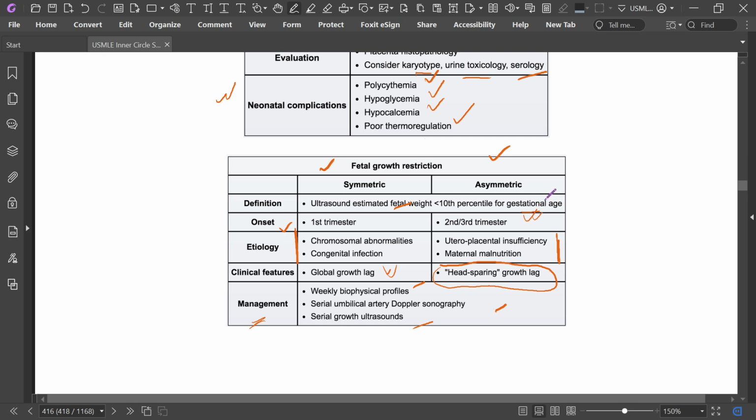If it is congenital infection or chromosomal abnormality, it should be the first trimester, and if it is others like uteroplacental insufficiency or maternal malnutrition, maybe second or third trimester. You have to see the clinical feature also.